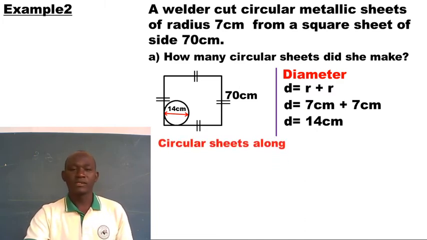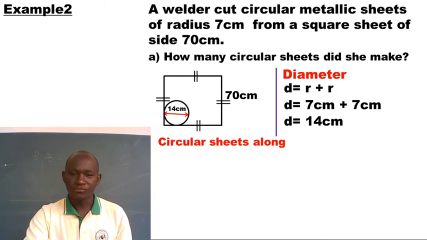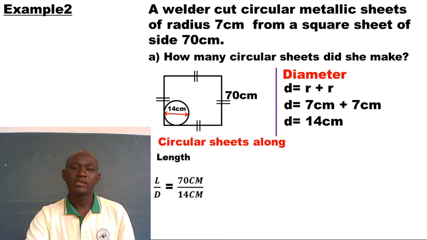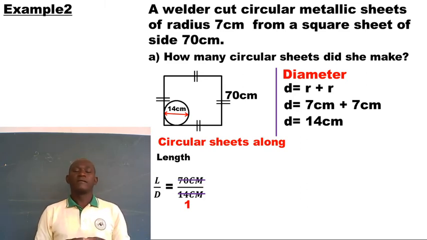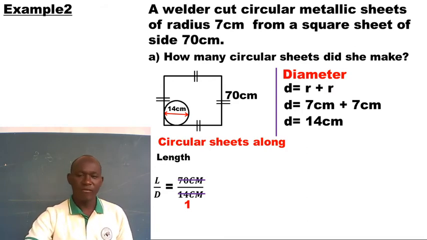With that, I need to find the number of circular sheets that can be cut along the length. Since it is 70 divided by 14, how many 14s are in 70? We have 5 of them.